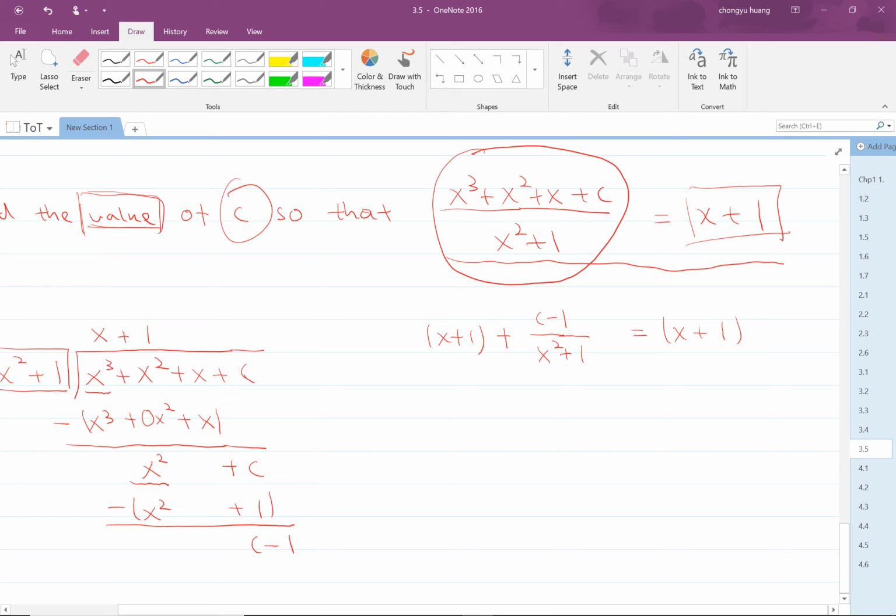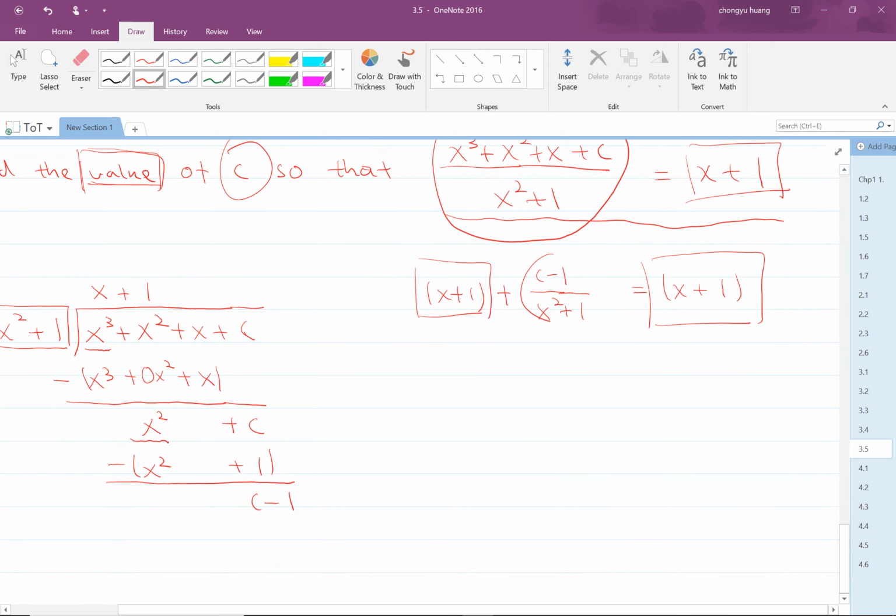And you see the problem: x plus 1 and x plus 1 are the same thing. Since we want to make the equivalence, that means this term, (c minus 1) over (x squared plus 1), has to be 0.